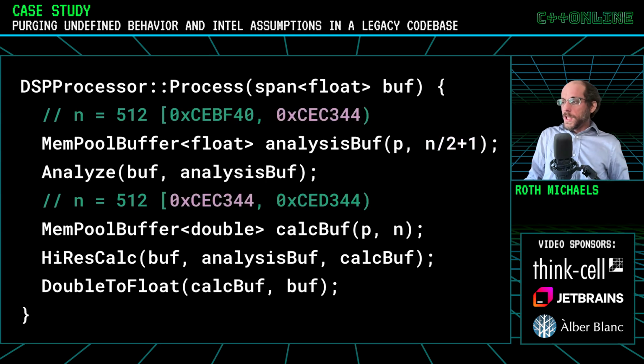And so if we do this again, creating instead of 512, we're creating 257 floats for our analysis buffer. You'll see that that then means the next range taken, the next time we create a buffer of doubles, starts at, instead of CEBF40, which is aligned to the size of a double, we're off by 4 bytes.